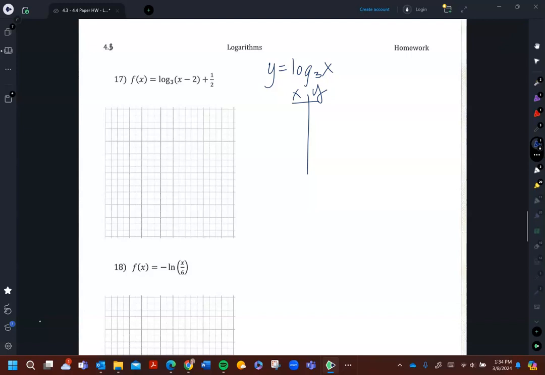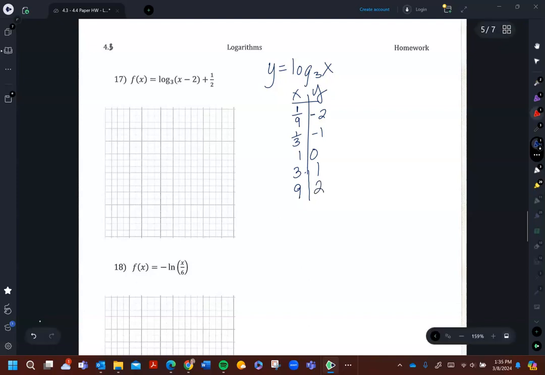You can start doing that with me. I'm going to actually do 1 over b squared and -2, so that'll be 1/9 and -2, just so I have a better idea of where things sit. 1/3, -1, 1, 0, 3, 1, and 9, 2 if I need it.